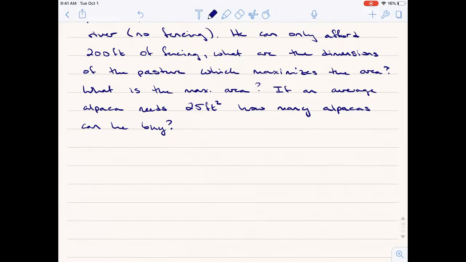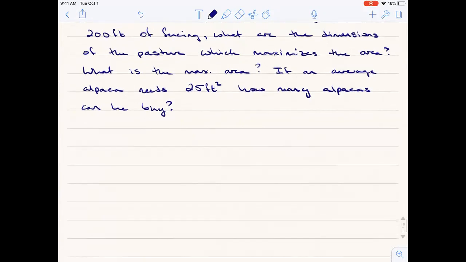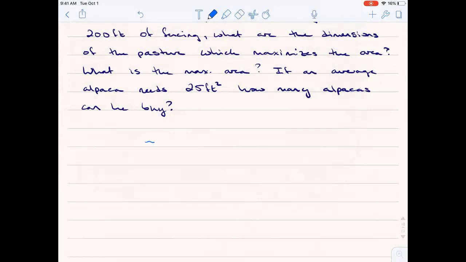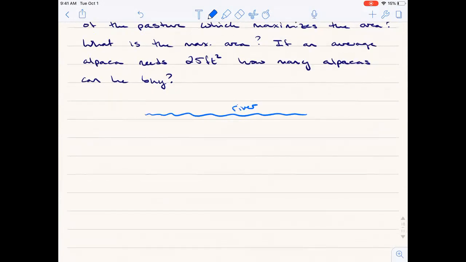So let's draw the situation first. Here's the river, and he wants to build a fence like so, just arbitrarily like this.